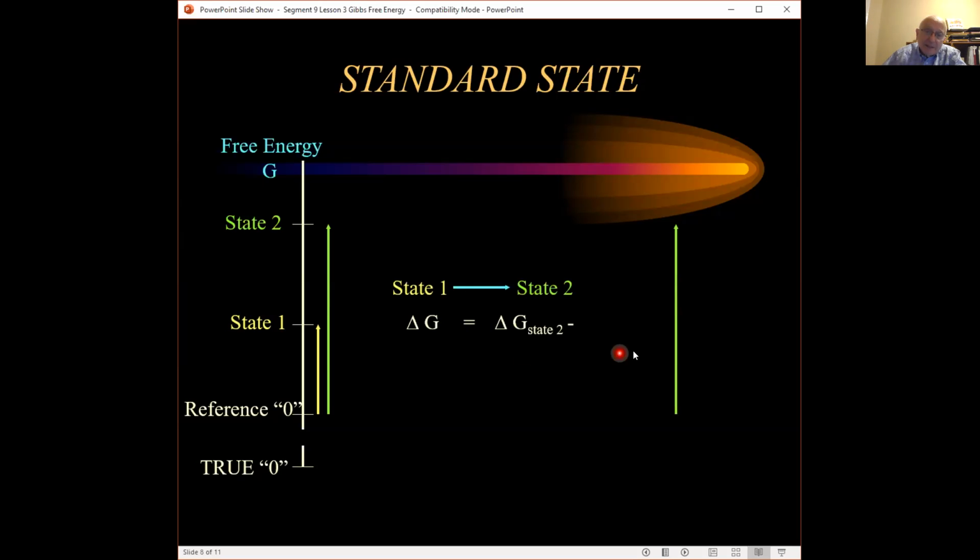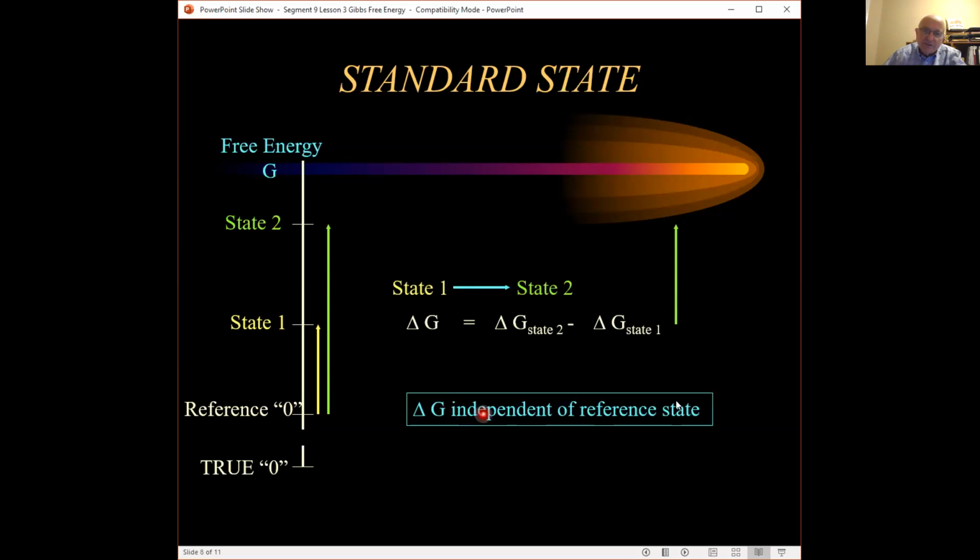So I would take state 2, a value, and subtract off state 1, and you see I'm left with the same distance that I did with the true state. So delta G is independent of the reference state. We can define it any way we want to. But we do define it in a way that is convenient for us.